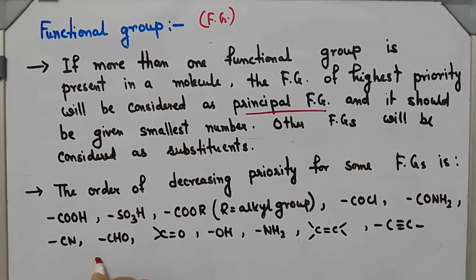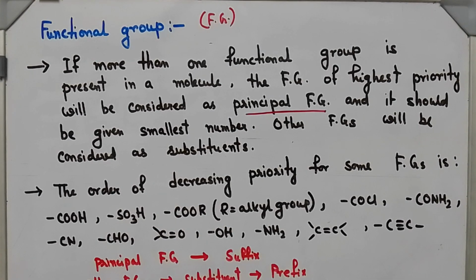For the principal functional group, you have to use suffix, it will come as secondary suffix, means after word root. And other functional group you have to consider as substituent and its name will come as prefix, means before word root.